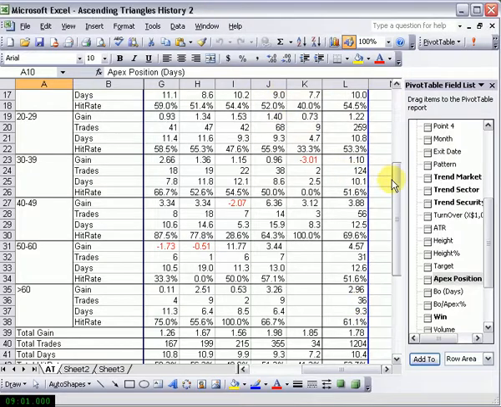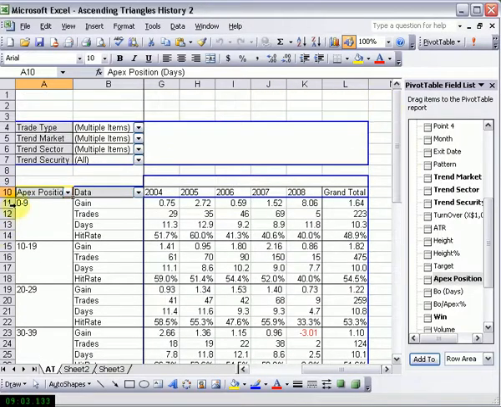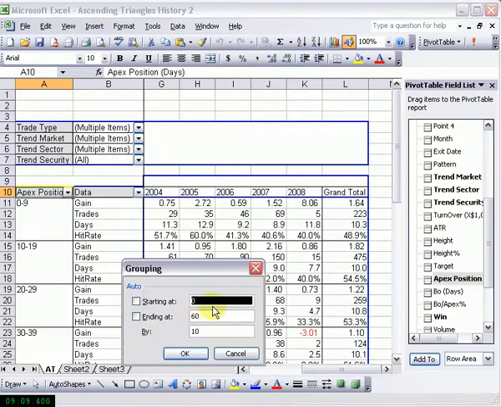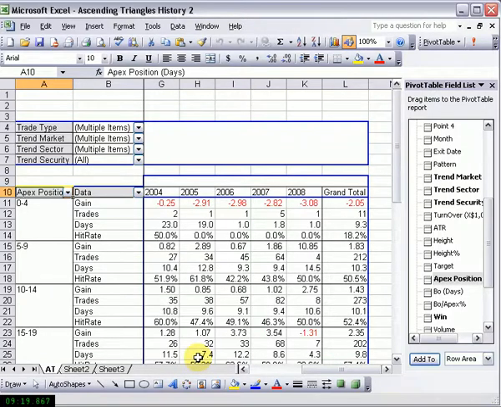We go back to the original grouping that we had, right click, group, and we have a look from 0 to 50 by 5. We see that the very short patterns here, with 0 to 4 days in the length, don't perform well at all.